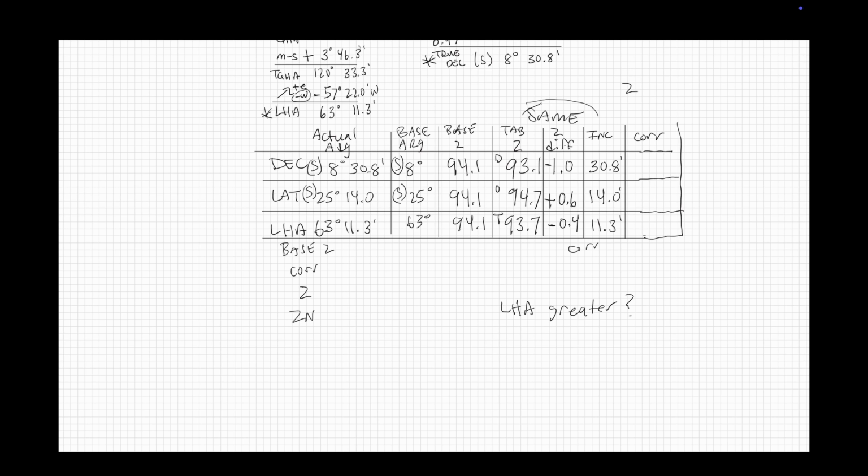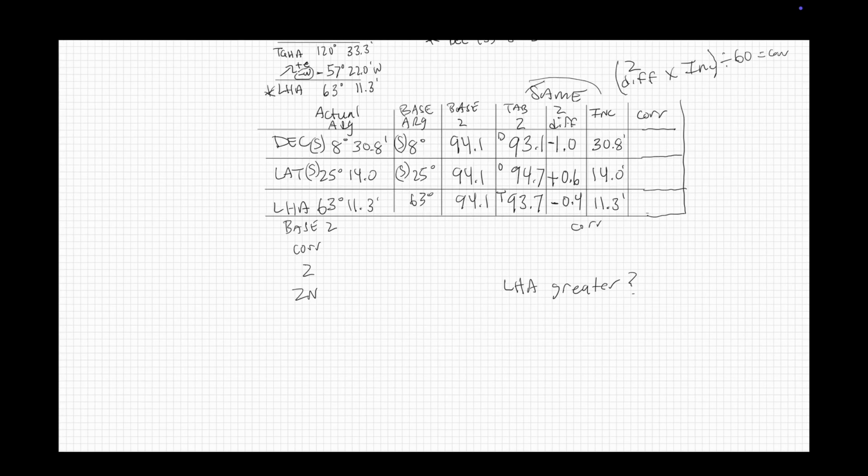Z diff times the increments divided by 60 equals correction. 30.8 times -1.